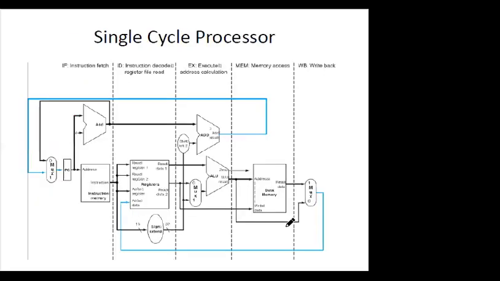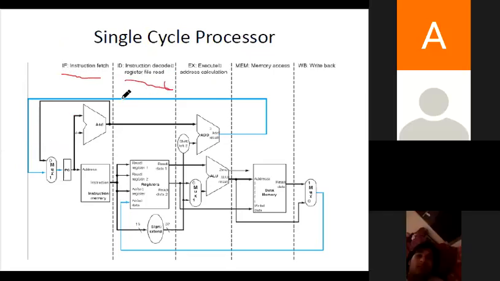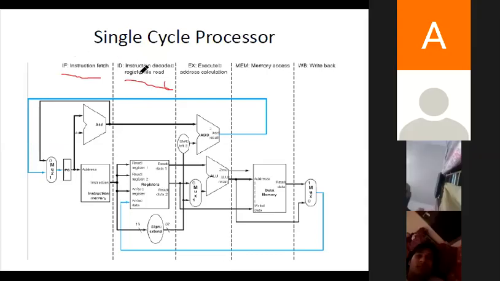Next, we can see that we have a single cycle processor. Every pipeline involves 5 steps. First step is fetching of the instruction. The second step is instruction decode and register reading. After fetching, we go for decoding.